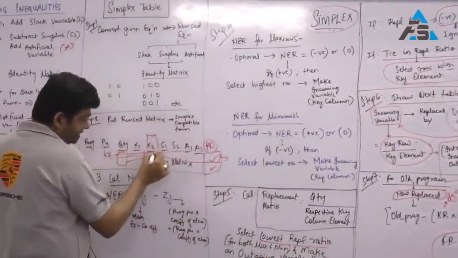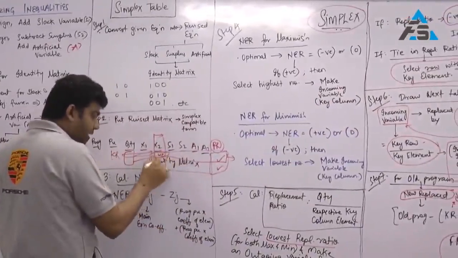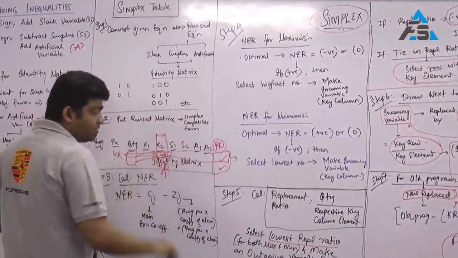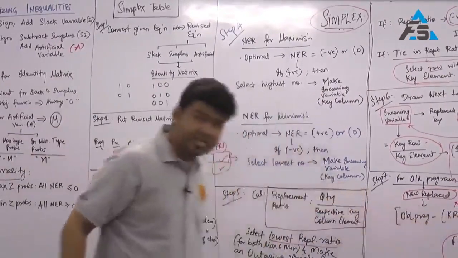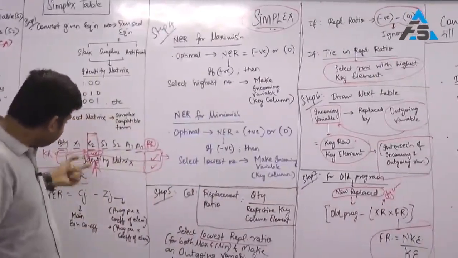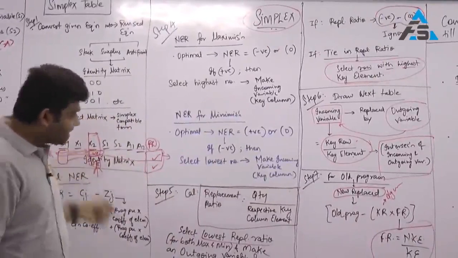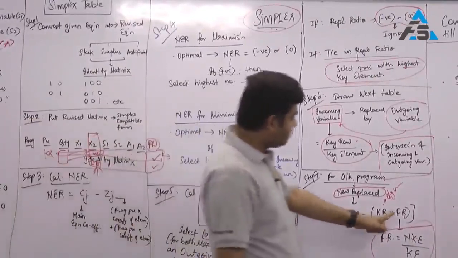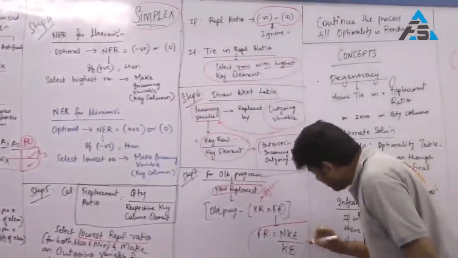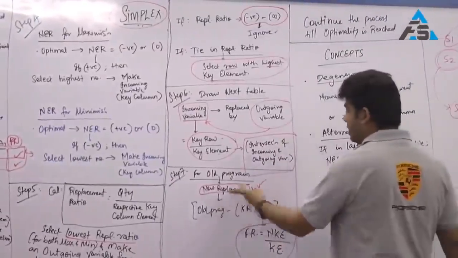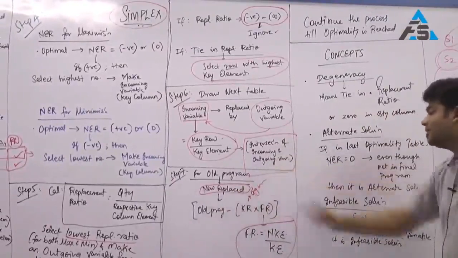So this intersection is your key element. The other number is your non-key element. So for the old program, minus key row into fixed ratio. Fixed ratio is non-key element upon key element. Here I will get the old program in new numbers.